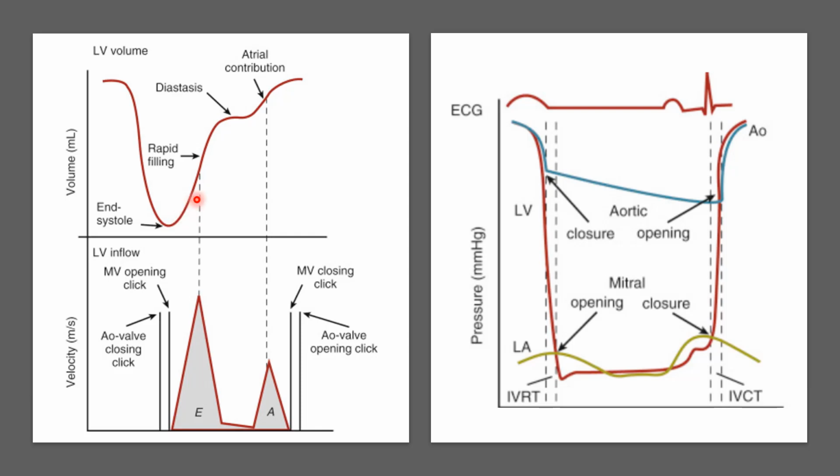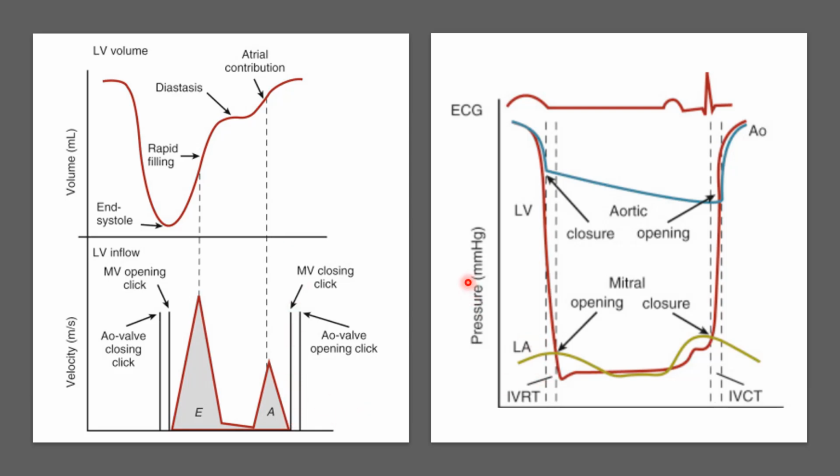So your LV volume really jumps up as the mitral valve opens. Left atrial pressure goes higher than your left ventricular pressure, your mitral valve opens, and then your left ventricular volume fills up. So your E wave is your initial passive filling, and you get your rise in the left ventricular volume, and your E wave represents this. Finally, you get diastasis, and then your atrial kick at the end, where you fill up your final left ventricular volume. Your mitral valve closes at that point.